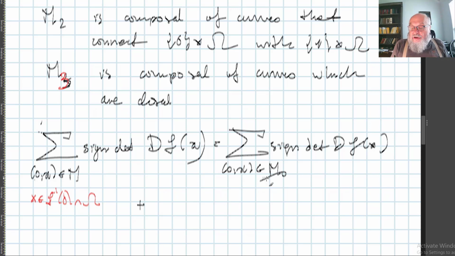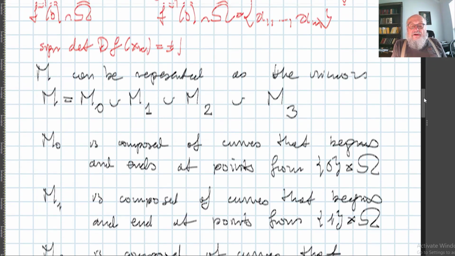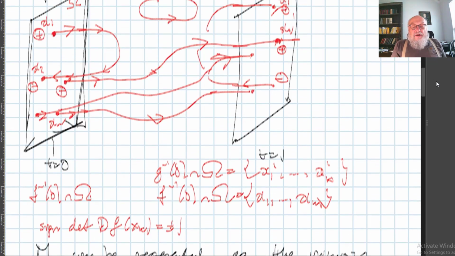So that was the first one, plus, or the curve can go back to the plane 0 omega, or it can go to another one. So that means this will be 0x belonging to M2, and this will be signum determinant df of x.